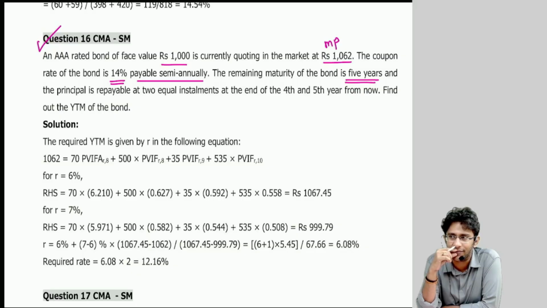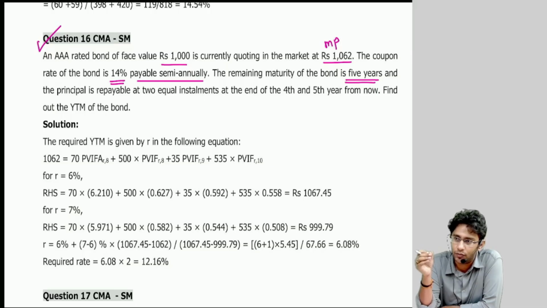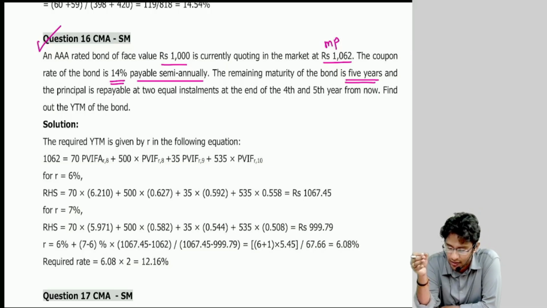Semi-annual bond, 10. And the principal is repayable in 2 equal installments at the end of 4th year and 5th year from now. That means your maturity amount is not given at the end. It is given in 4th year and 5th year. Continue. Find out the YTM of the bond.